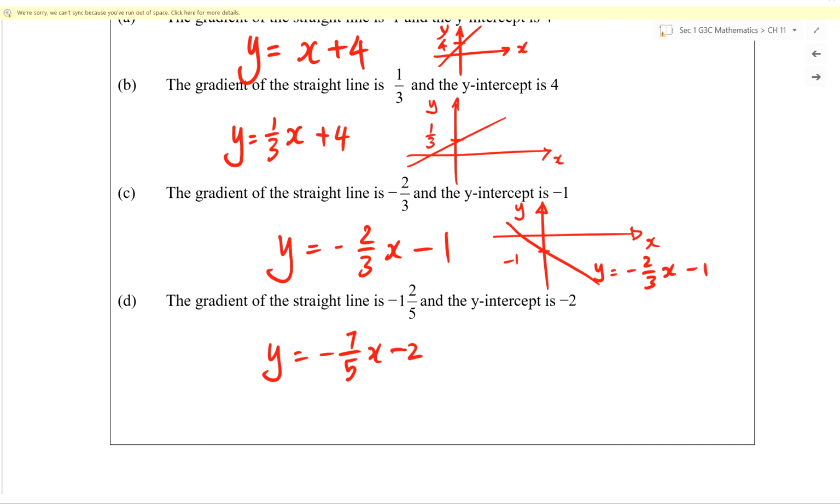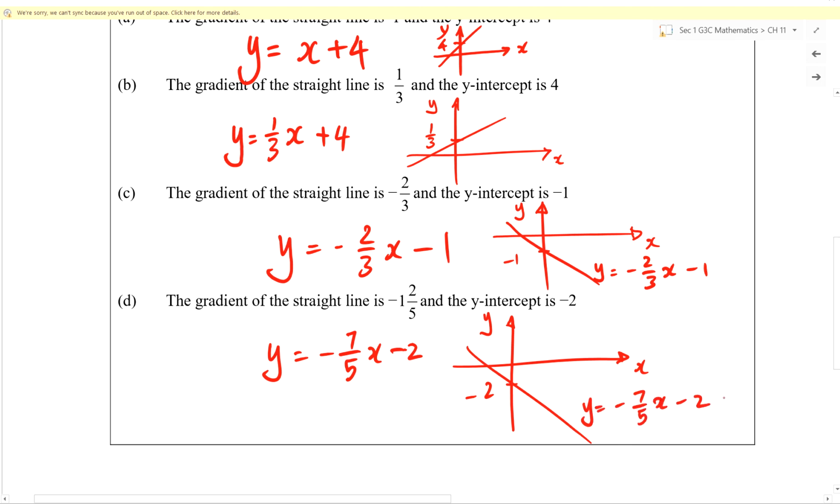We should avoid using mixed fractions in algebra. Leave it as improper fraction. So here we have again a line sloping down, passing through negative 2. Y is negative 7 over 5 x minus 2. Okay, next page.